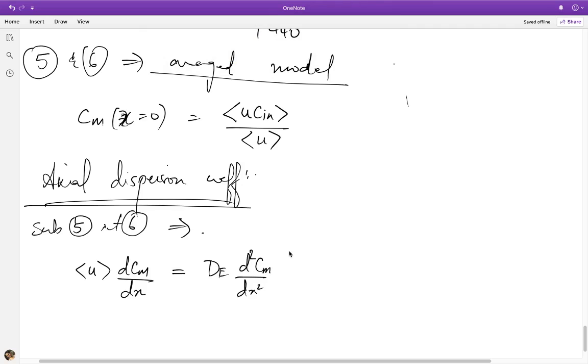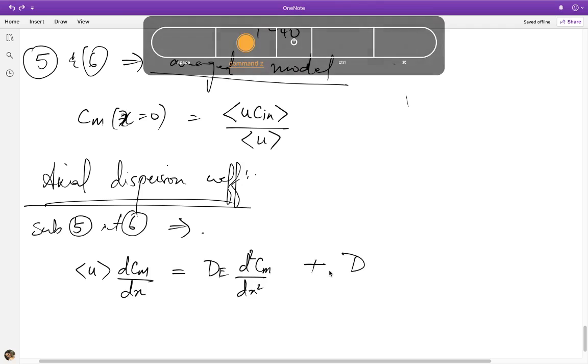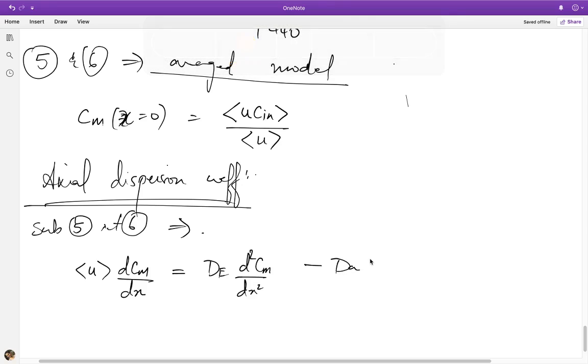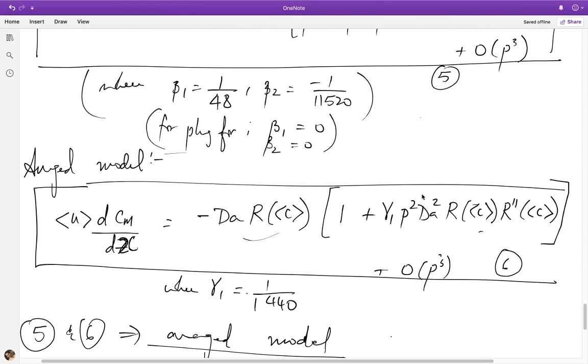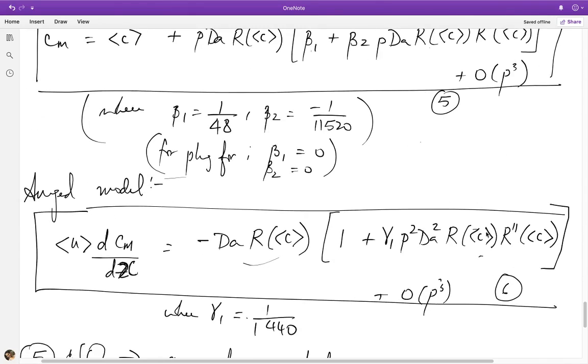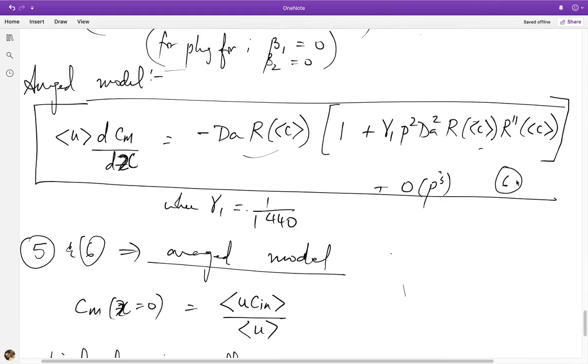I'm writing it here in terms of the cup mixing average, plus, minus, times some terms involving the reaction corrections. Okay, I won't write that out, it's not important here. But basically you will have all of these terms coming in here.